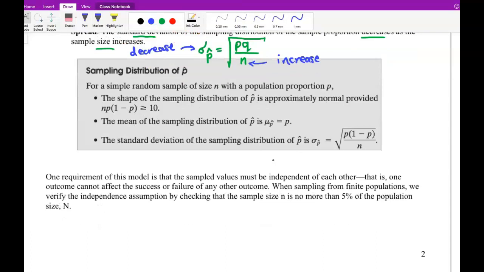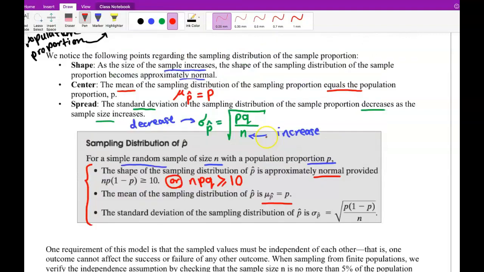Then on this part we have P hat for a simple random sample of size n, with population proportion P. The sampling distribution of P hat is approximately normal when we have the rule n times P times 1 minus P, or n times P times Q, greater than or equal to 10, because 1 minus P is equal to Q. Then the mean is equal to the population proportion, exactly what we did on top.